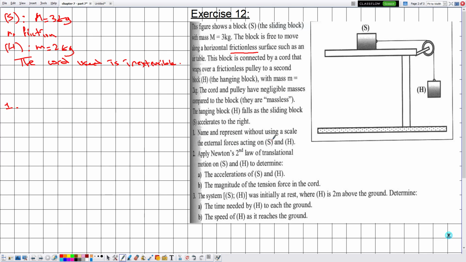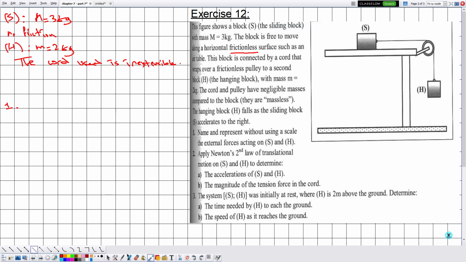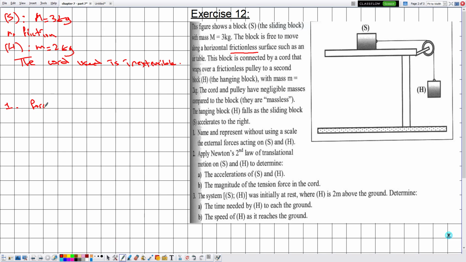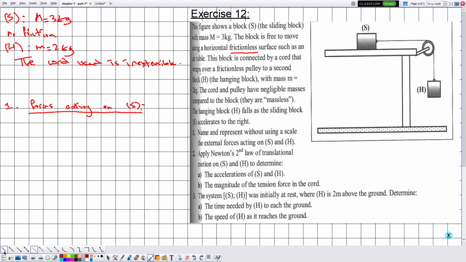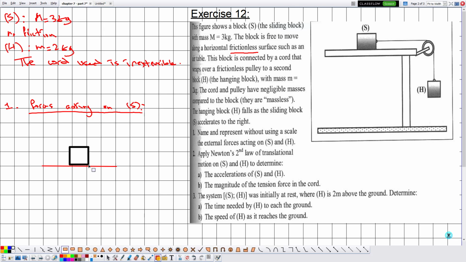Number 1: name and represent without scale the external forces acting on S and on H. Let me start with the forces acting on S. Here we have the support, and this is the solid S. Now we need to choose the positive direction of the x-axis.